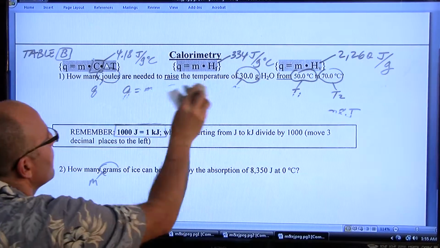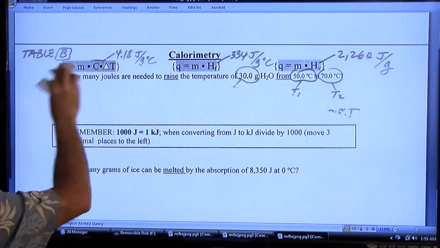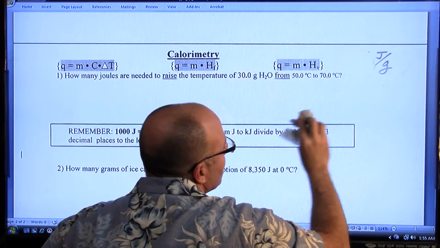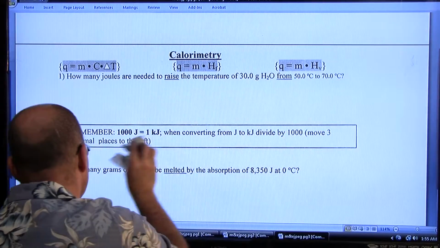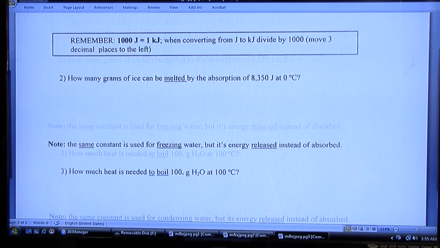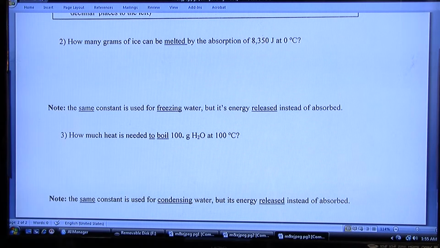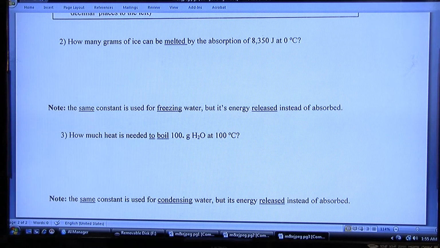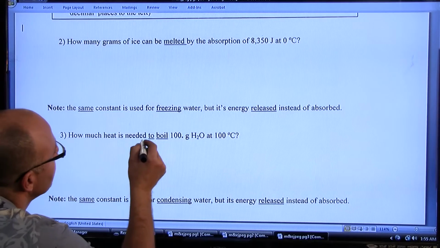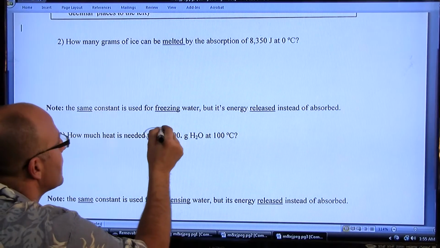Okay, and finally, let's do a problem that involves the heat of vaporization. How much heat is needed to boil 100 grams of water at 100 degrees Celsius? Again, to boil, that's telling us to use the heat of vaporization.